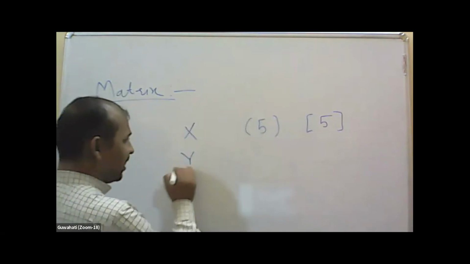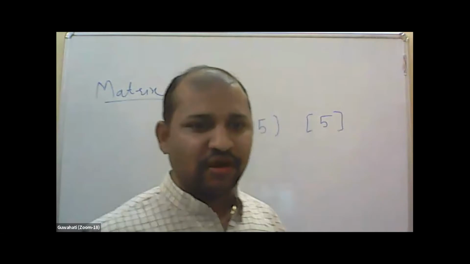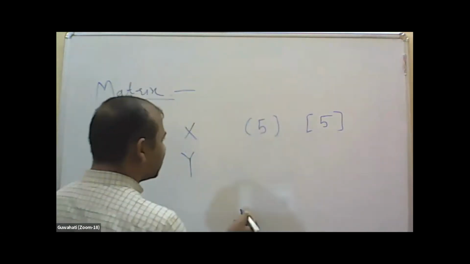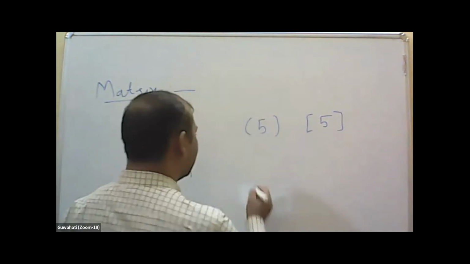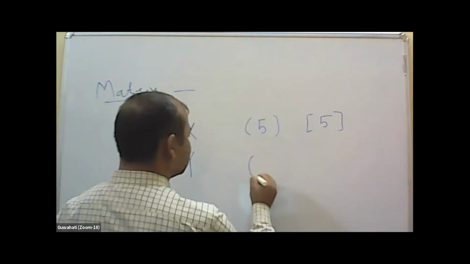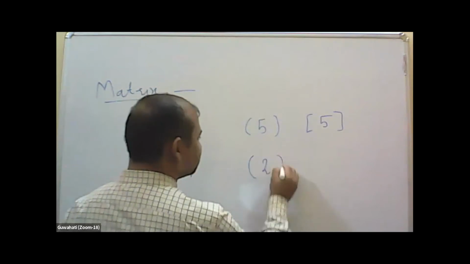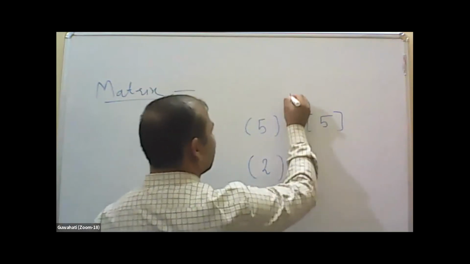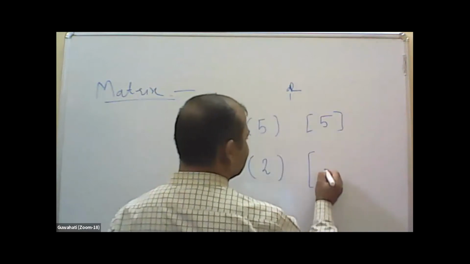Suppose there is a person called Y, who has another number of pens, say 2. Either you can write this or this, that is the "or" symbol.